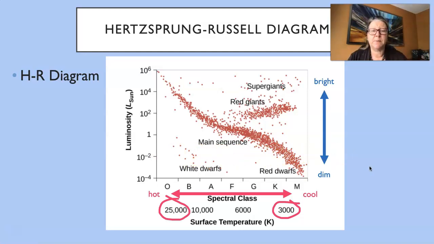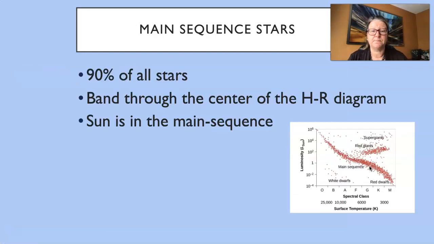Let's look at each different part of the HR diagram. First of all, there are the main sequence stars. 90% of all stars are located along this band, including the sun. This is what I think of as a normal band of stars, because down here we have cool and dim, and up here we have hot and bright.